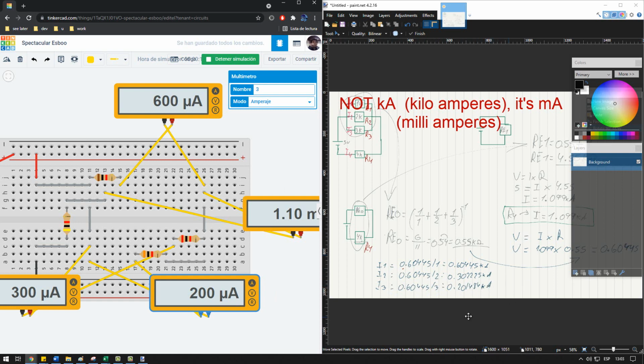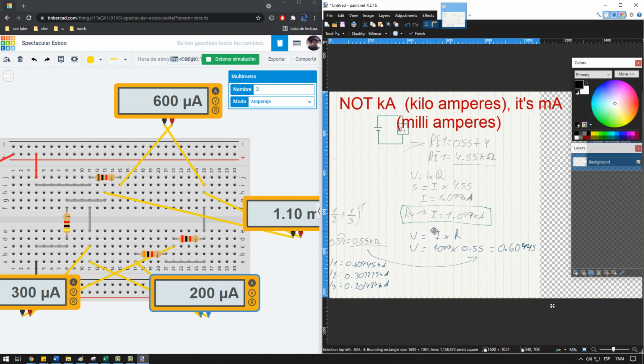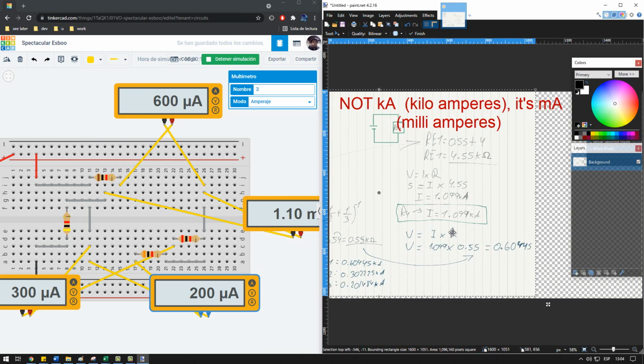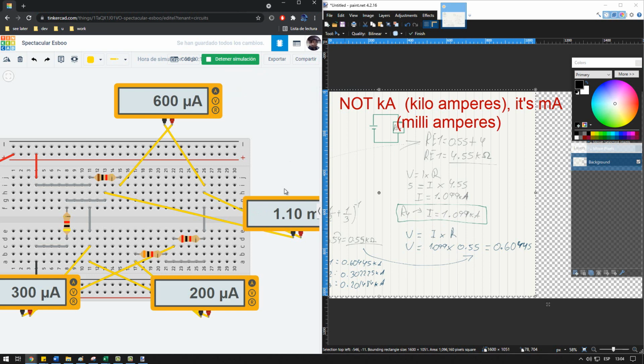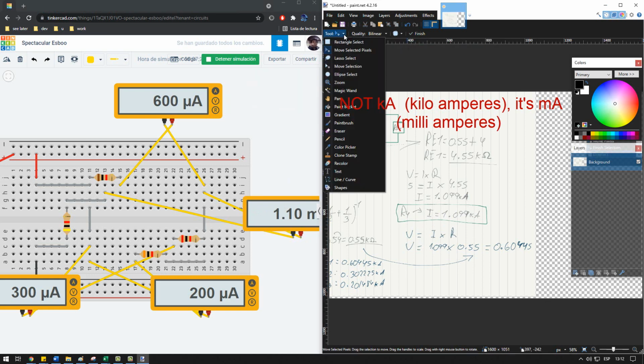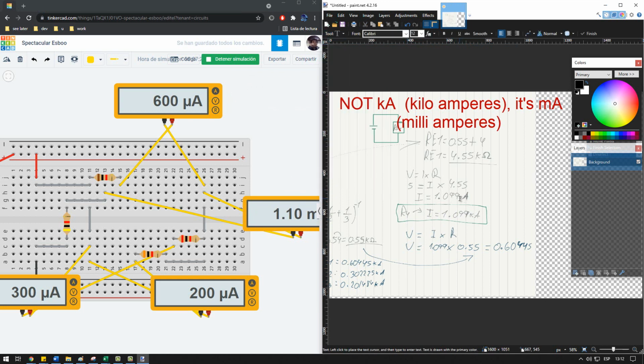Finally, where are you? You are here. R4 is equal to 1.099, which is equal to 1.10 milliamps. So actually here I think it's not kilo, it's just milli.